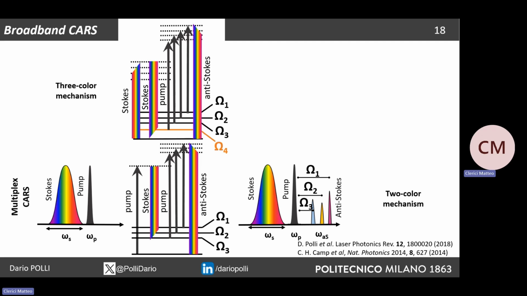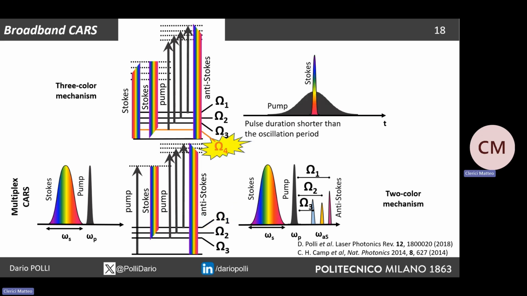Well, you have a broadband Stokes pulse, so this one. So instead of having pump Stokes, you now select two photons out of this rainbow of colors. So you have now several possible combinations that you employ all together. In the frequency domain, you take a couple of colors. In the time domain, you can think of it in this way.